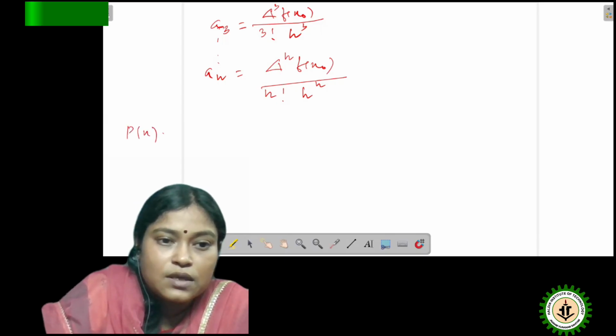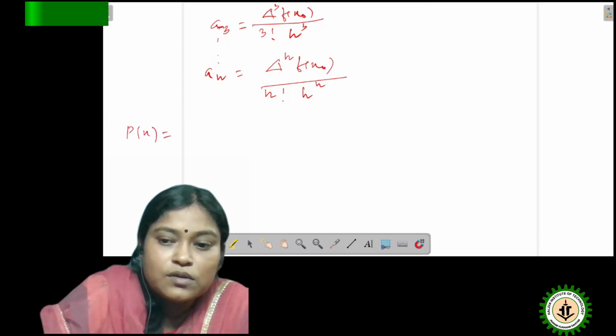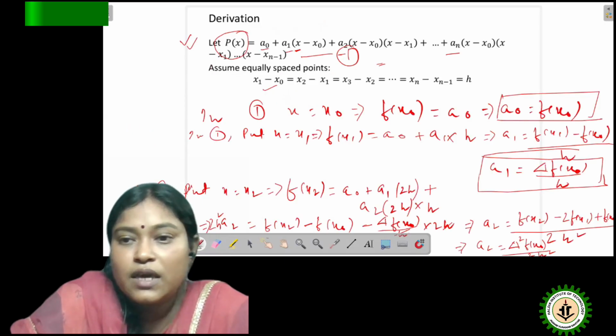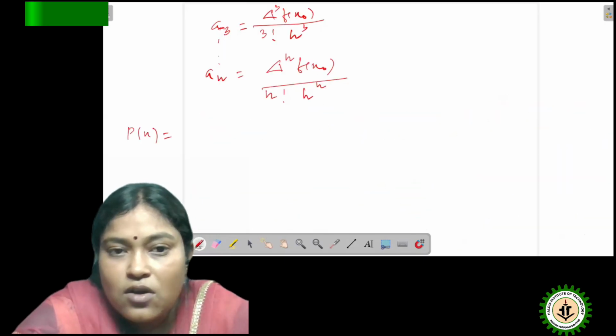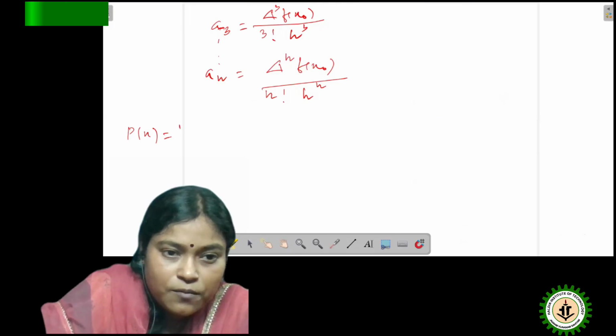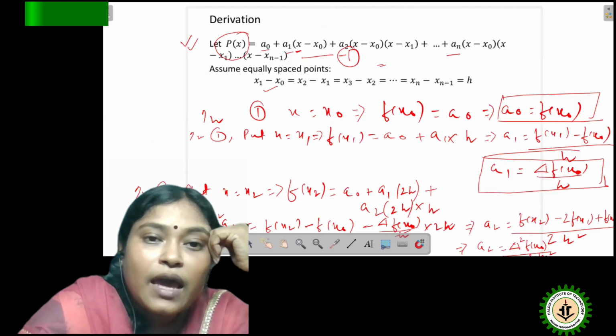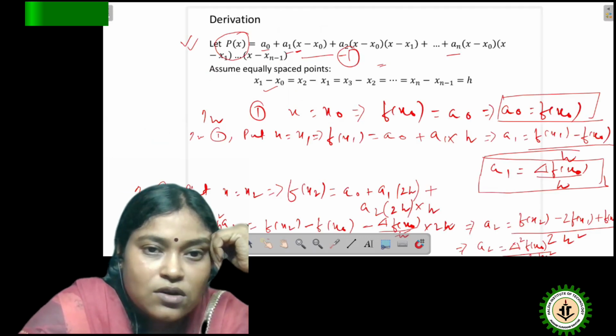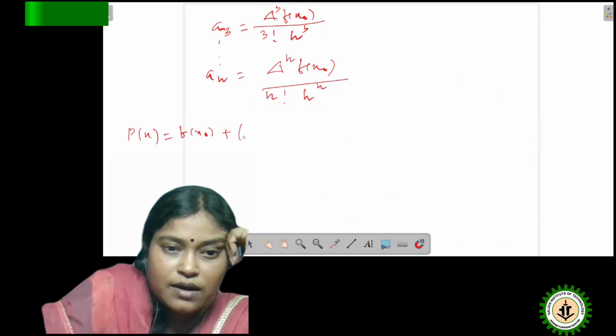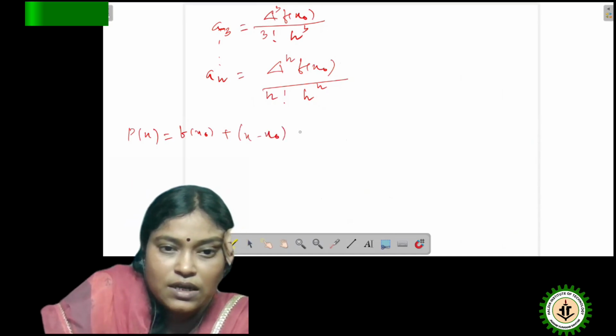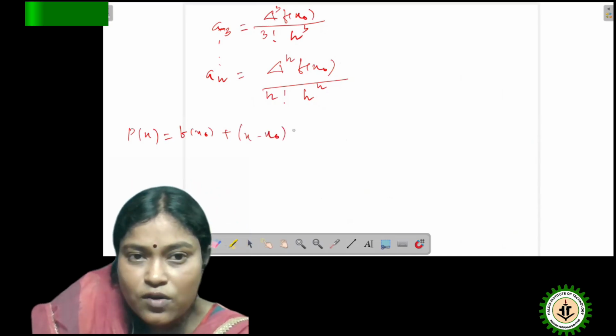p of x equals to, so what is your a naught? A naught is simply f of x naught. So I will put it here, f of x naught plus, next what I have? I have a1 to x minus x naught. So I can write x minus x naught into a1. And what is your a1?